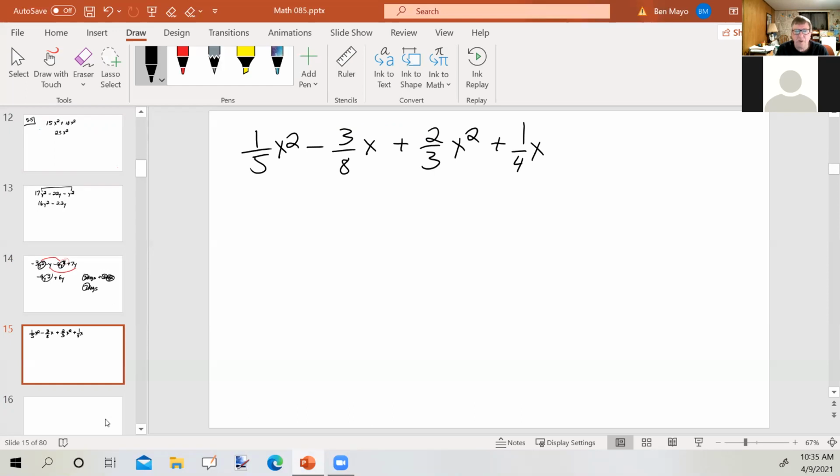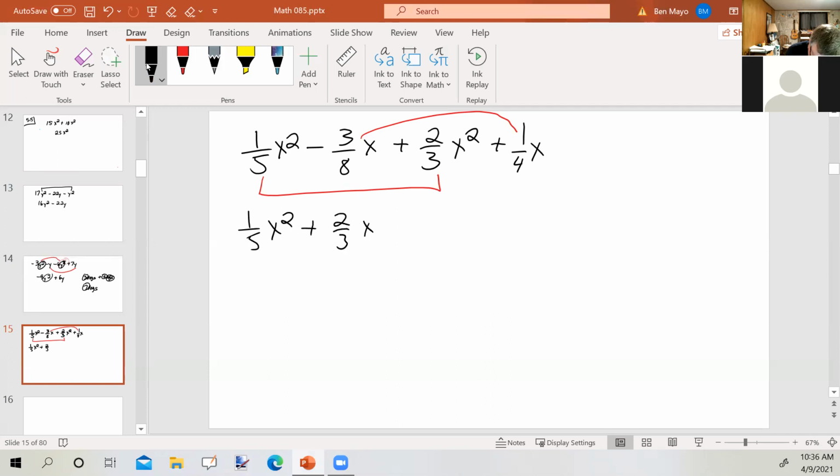However, in order to combine like terms, I'm going to need to add or subtract some fractions. So first of all, these two terms are alike and those two terms are alike. I'm going to rewrite this putting the like terms next to each other. So I've got 1/5 x squared plus 2/3 x squared minus 3/8 x plus 1/4 x.